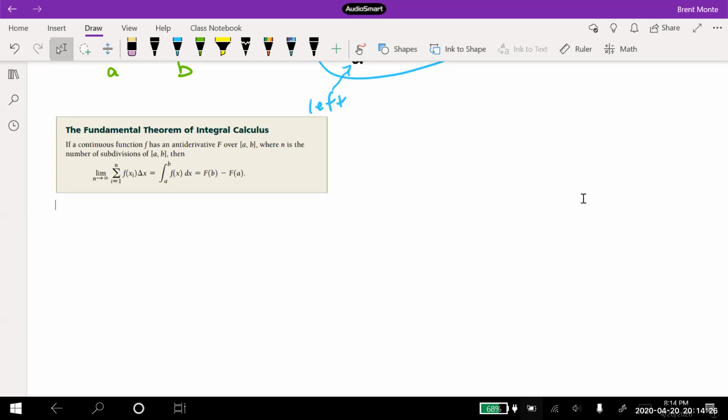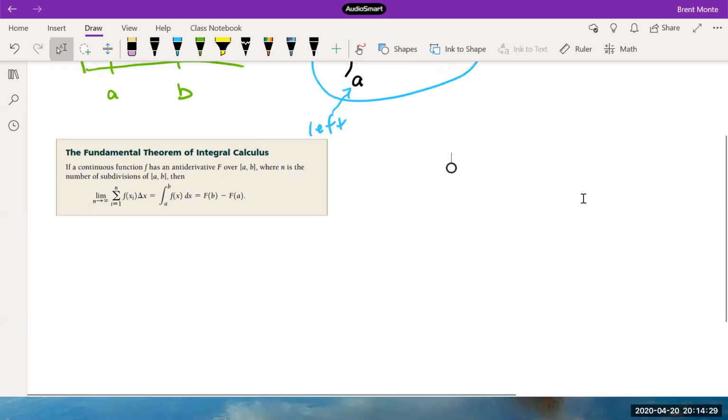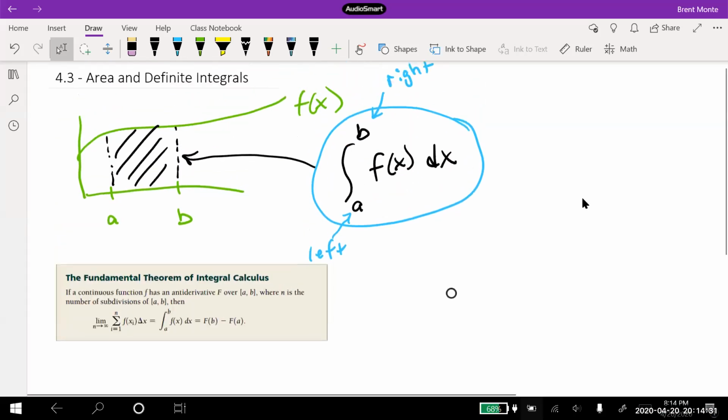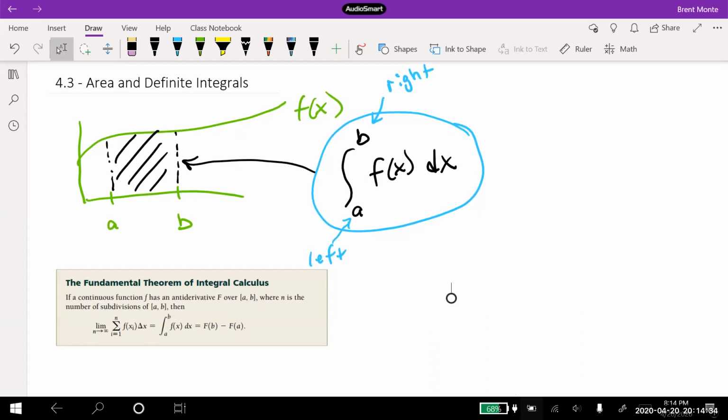So remember last time when we took an interval, we took left endpoints, and we went up to that height and made a rectangle. And we went up to this one and made a rectangle. And at this point, we made a rectangle. And we did that same idea all the way across.